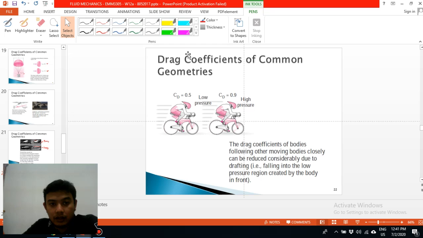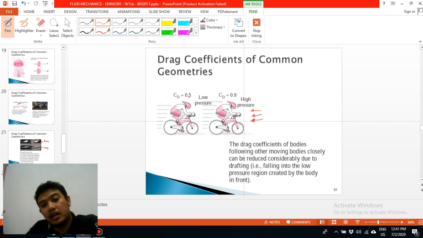Okay, this is another example of 2-person cycling. What we can notice is that the first person will have higher pressure and higher drag because he is facing the flow, the air, and it produces higher pressure.